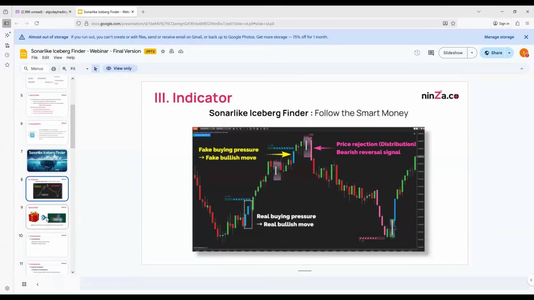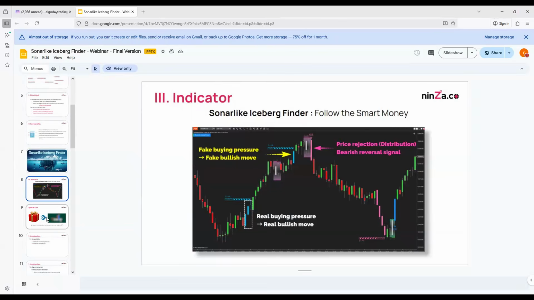In any case, let's get to today's presentation. Iceberg Finder detects institutional activity. However, for this one, you do not need level 2 data. Level 1 is enough. It's not based on pending orders. It's based on trades that were already executed.